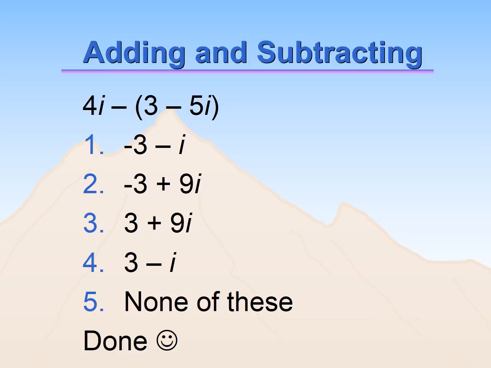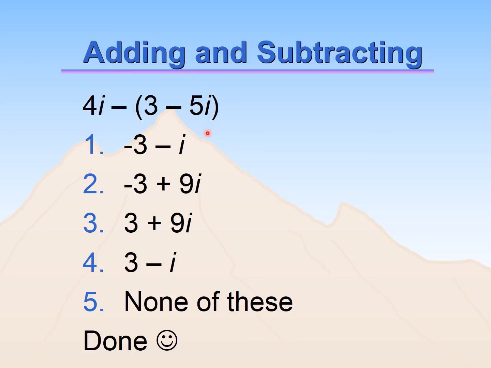All right, last example, we have 4i minus 3 minus 5i. So again, we have to distribute this minus. So it's going to be minus 3 and then minus negative 5i. And minus negative 5i is actually the same as saying plus 5i. So we have 4i plus 5i, which is 9i.